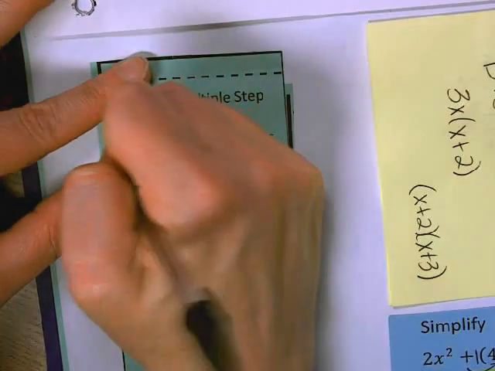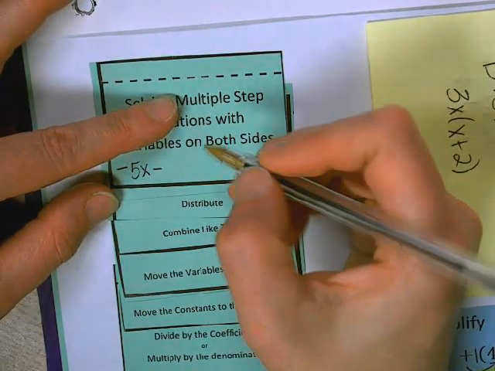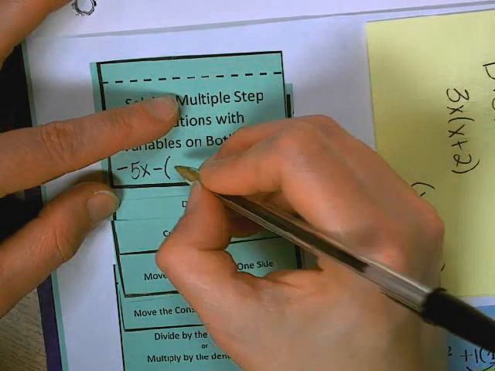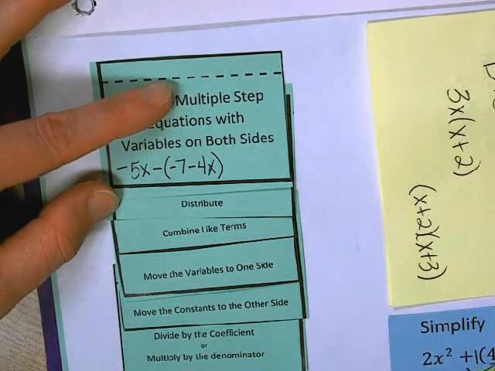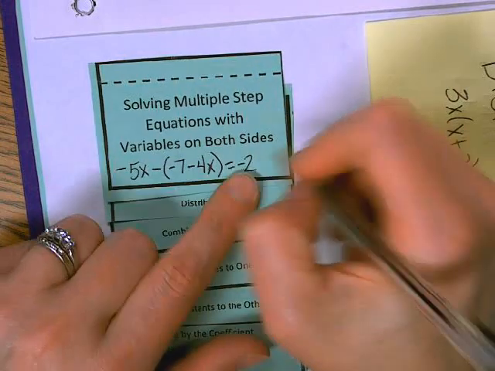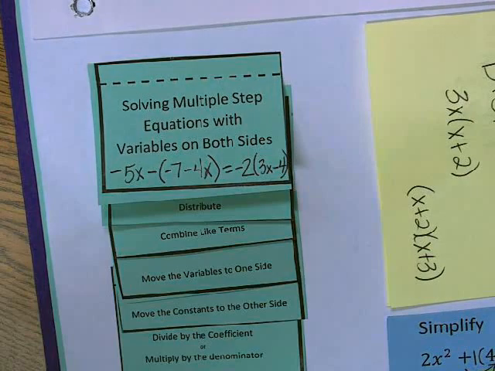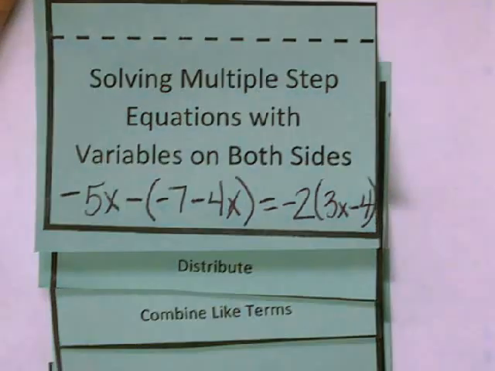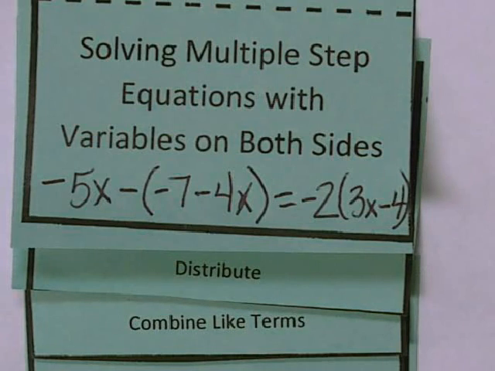Okay, so that equation is negative 5x minus, and then parentheses, negative 7 minus 4x, close the parentheses, equals negative 2 times, parentheses, 3x minus 4, parentheses. So that is the original equation. Zoom in because it might be a little bit blurry. So write that right there if you can. If not, write it off to the side somewhere if it doesn't fit. That's our original equation. Okay?